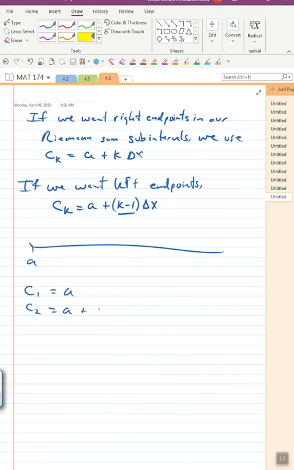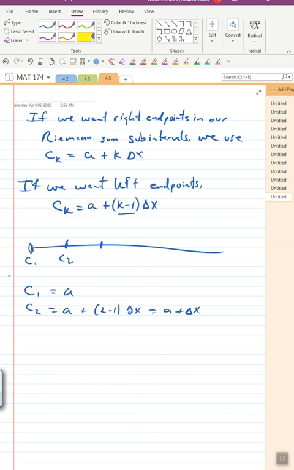Well, it's going to be A plus 2 minus 1 delta x, which is just going to be A plus delta x. So that means this is going to be your C1. The right endpoint of that first subinterval is going to be your C2. And that's also the left endpoint of the second interval.